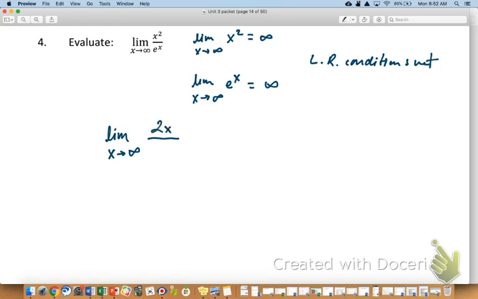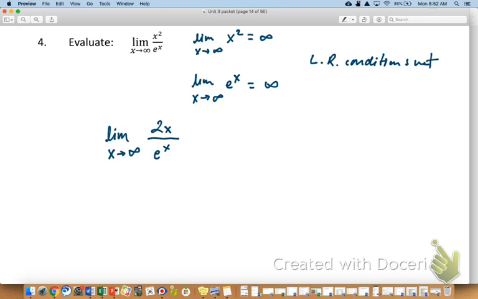And what's the derivative of e to the x? Okay, so as before, once we've applied L'Hopital's rule, we can try the limit again. What's the limit of the top? Limit as x approaches infinity of 2 times x. Isn't it essentially 2 times infinity? And if you double infinity, what do you get? You get infinity.